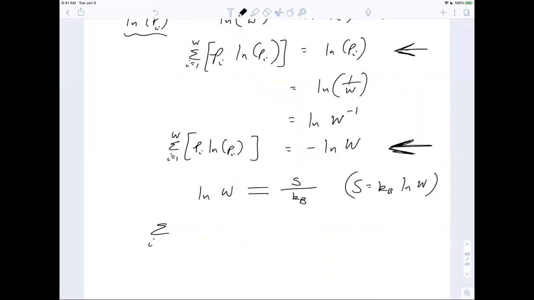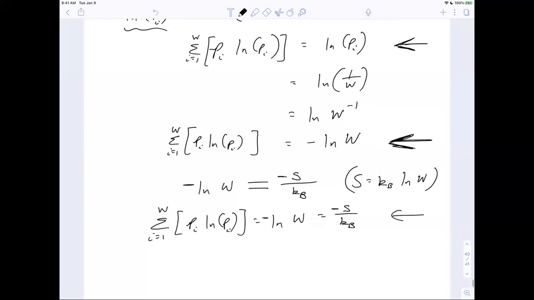So we can say the summation from i equals 1 to W of this product of p sub i natural log of p sub i is equal to minus log of W, which is equal to minus S over k_B. And it's the negative, because I have minus log W. So this is minus S over k_B here, right over here.